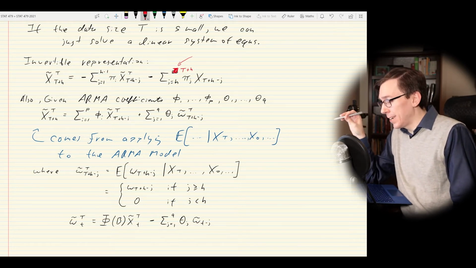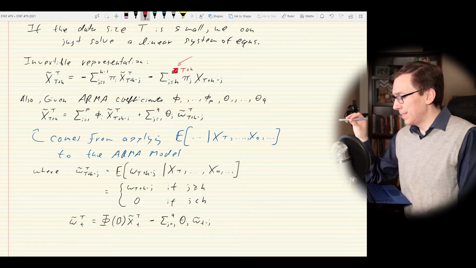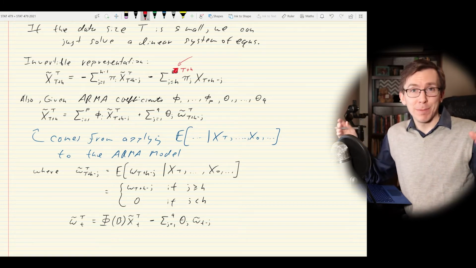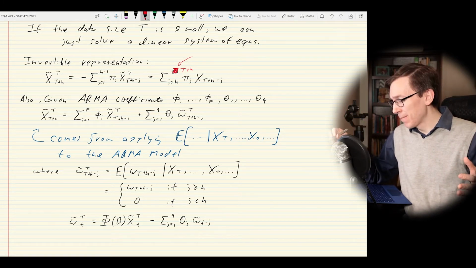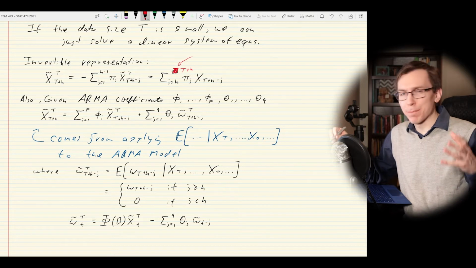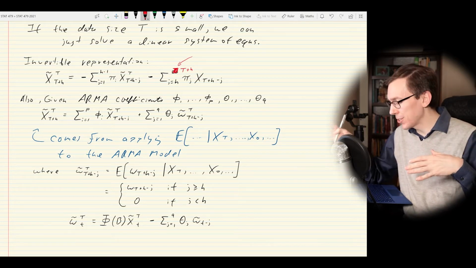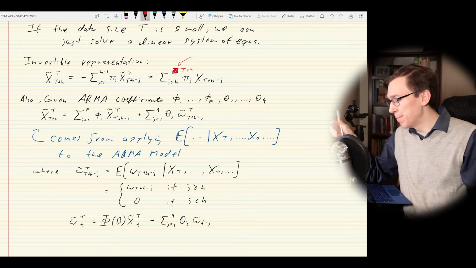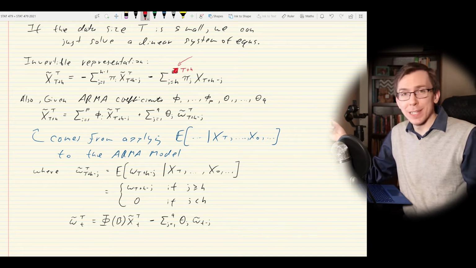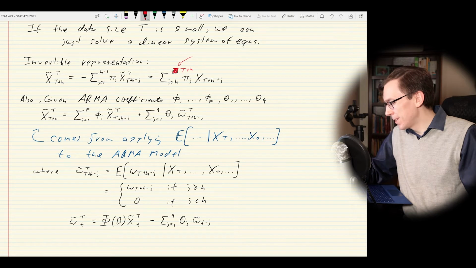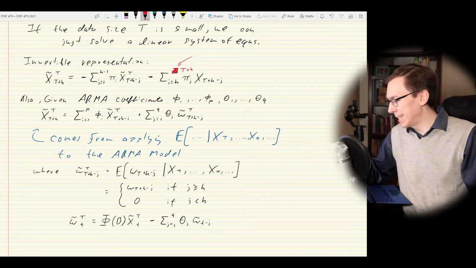And what we're doing now is we're basically saying, okay, I want to predict x at time t plus h given the first t observations. We wrote this as an infinite sum, but I don't have infinite data, so what do? Well, we just scribble out the infinity and replace it with a t plus h.